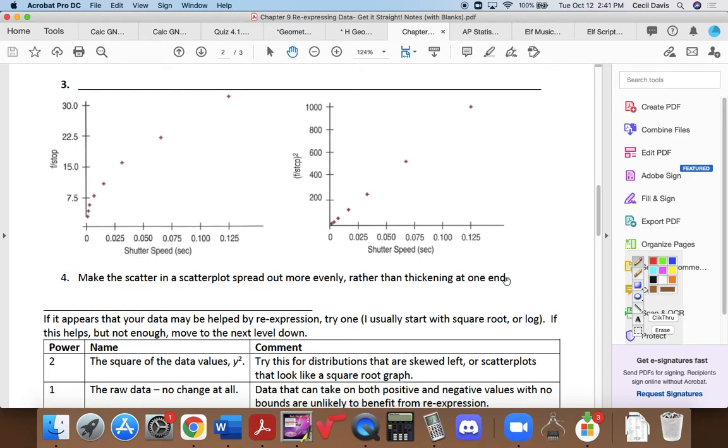Okay? So our goal here is to, let me put it exactly the way I put it, but it's basically to straighten it. Make the form of a scatter plot more nearly linear.